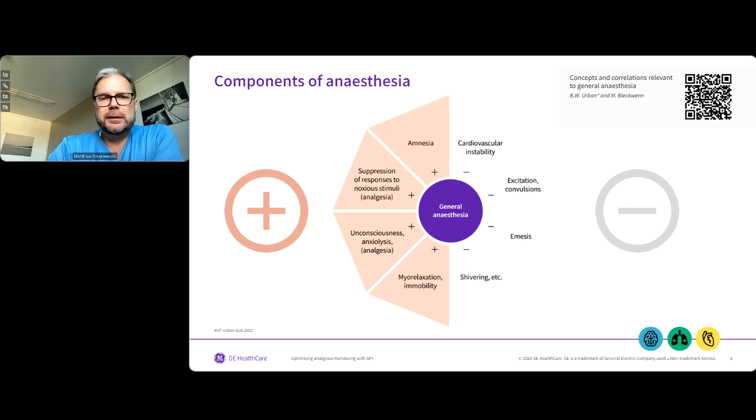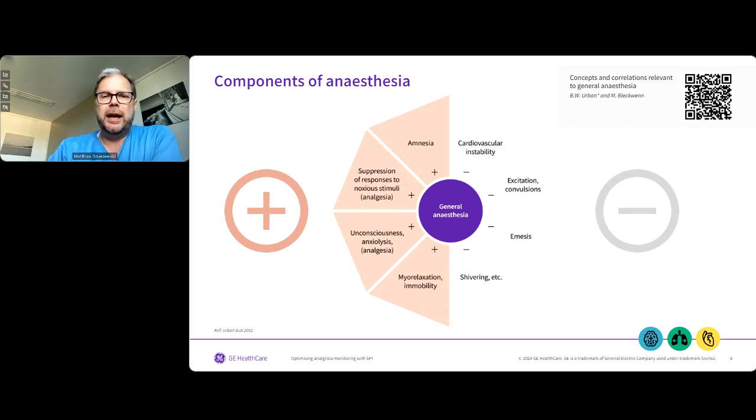On the other side, very importantly, and especially during the last decade, we talk about cardiovascular instability and the effects of cardiovascular instability or morbidity and mortality in our anesthetic patients. On the other side, overdosing anesthetics also induces emesis and shivering, which we do want to avoid in any patients that we take general anesthesia.